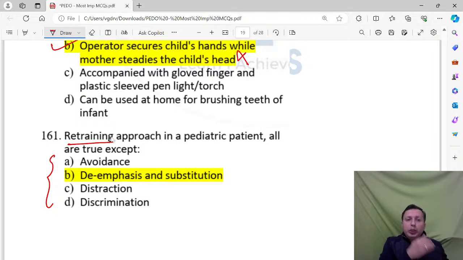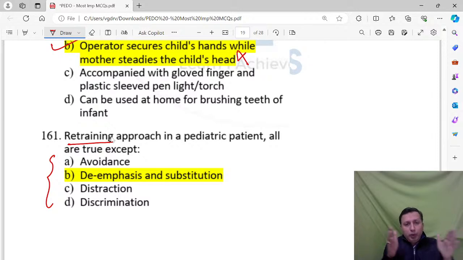You need to retrain that child because he has those images stored in his mind, and you need to bring him out of them and make him discriminate that the treatment you approach now will not be the same every time. So don't generalize the treatment.